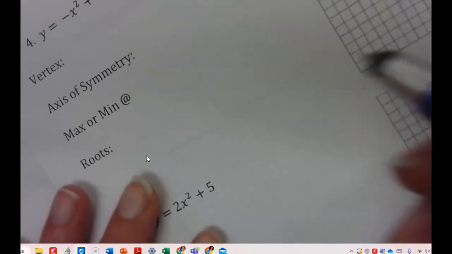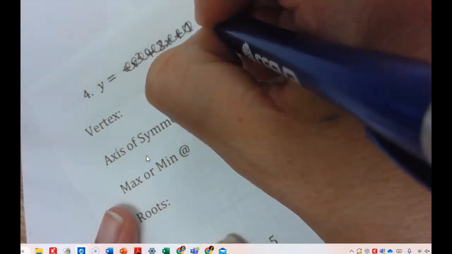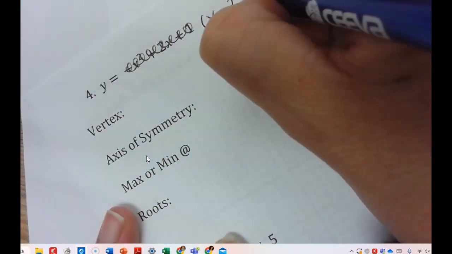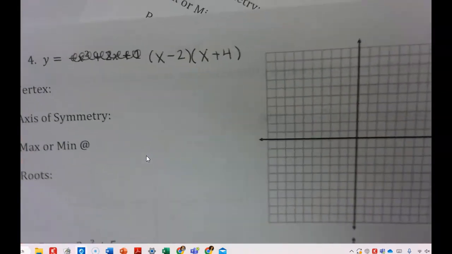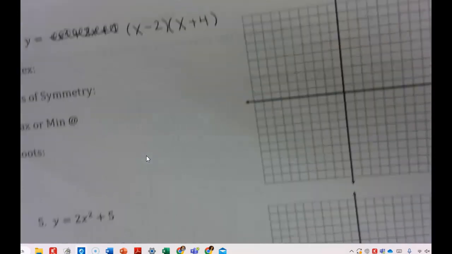But for 4, we're going to change that equation to practice FOIL. I'm going to give you x minus 2 and x plus 4. So again, it's going to be really nice, pretty points.